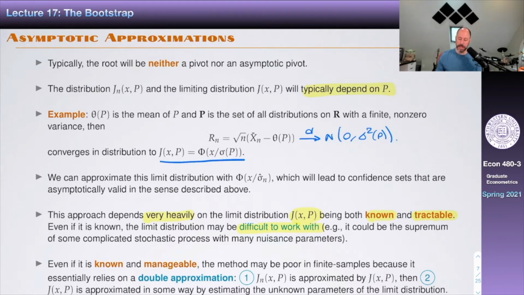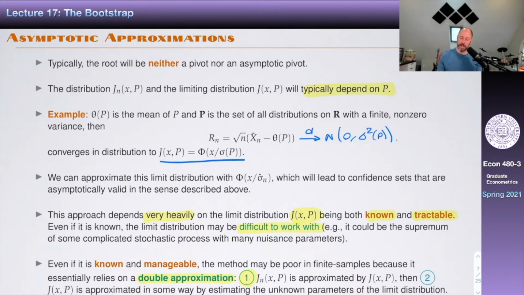You first approximated the distribution that you care about, the finite sample distribution J_n(x, P), with the limiting version J(x, P). But then you approximated J(x, P) with some way of estimating the limiting parameters in the distribution.